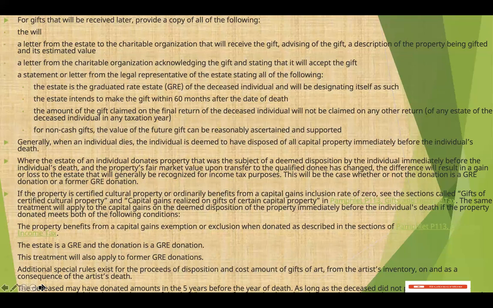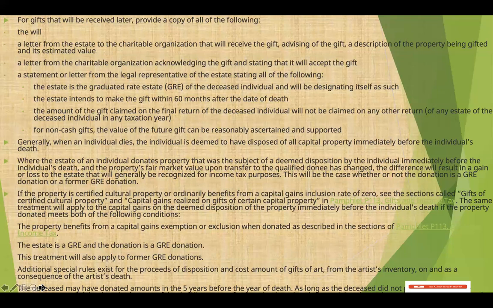And the capital gain realized on the gift of certain capital property. The same treatment will apply to the capital gain on the deemed disposition of the property immediately before the individual's death if the property donated meets both of the following conditions.